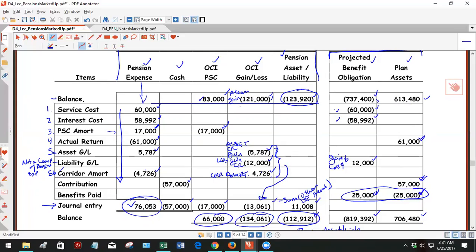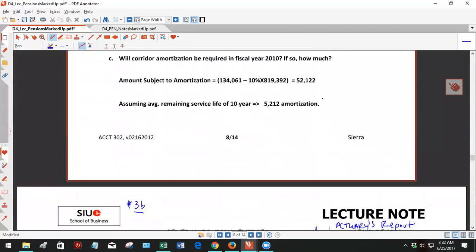Benefits paid were 25,000. The contribution was 57,000. What was the return? And you'll just use 613,480 plus X plus 57,000 minus 25,000 equals that, and you solve for X. Okay, so it's good to know the components of the PBO and the plan assets.